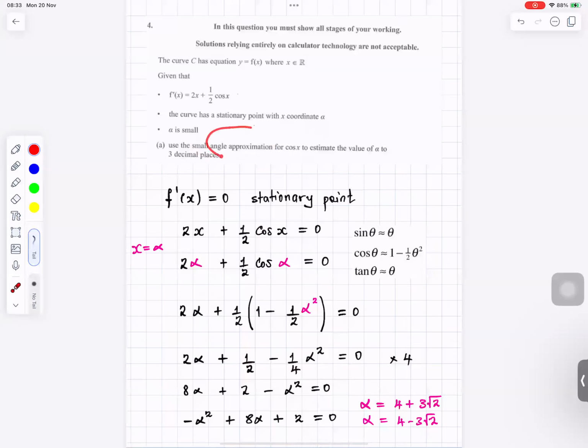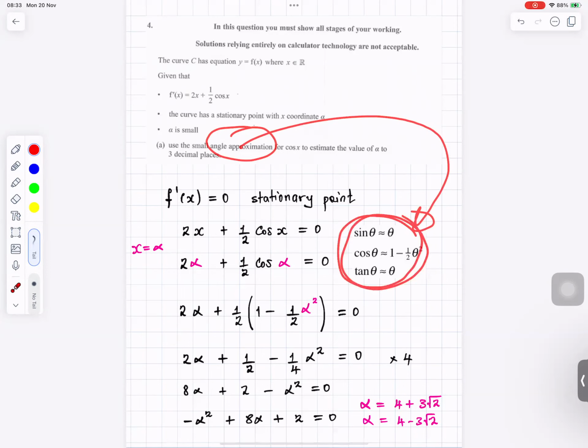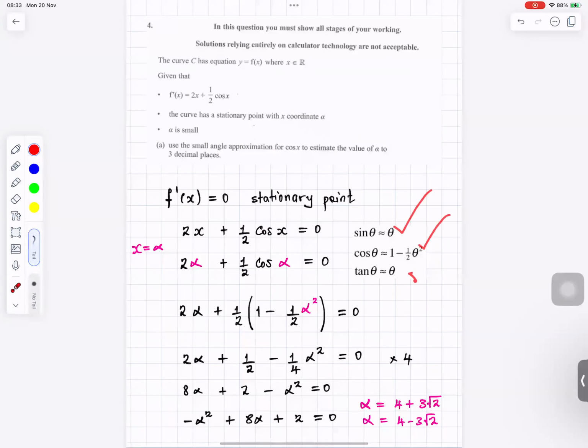When you hear the word small angle approximation, you go straight to the formula book. You look for these 3 formulas. This 1, 2, 3 is what we use for small angle approximation. You see the sign there in the middle, approximate. That sign means approximately equals to. So we know f dash of x equals to 0 if it's a stationary point.